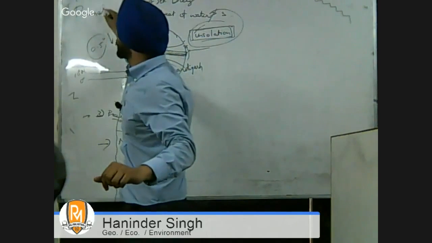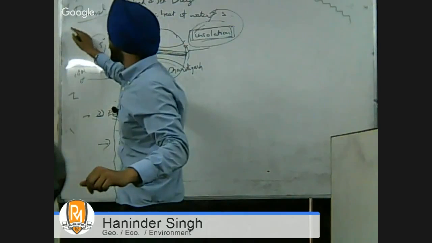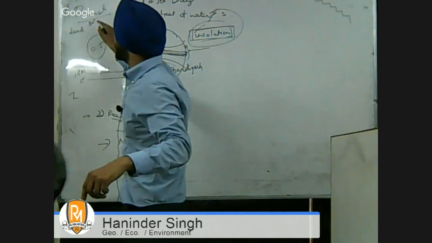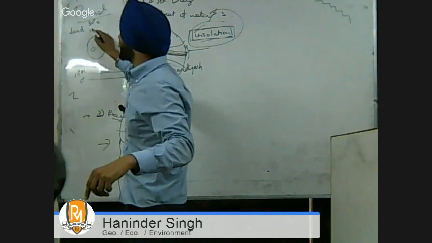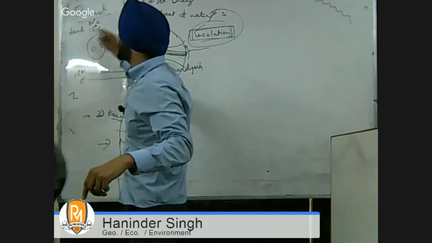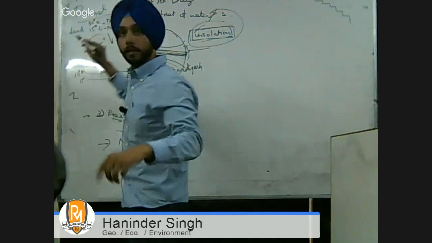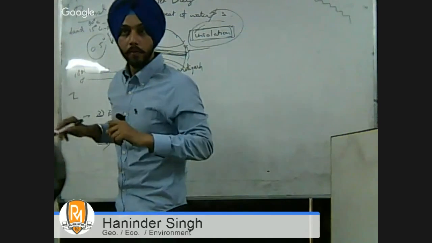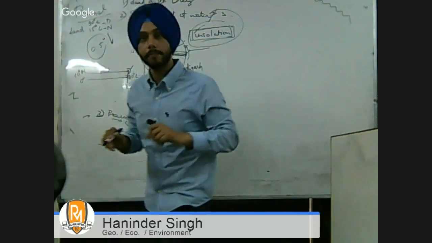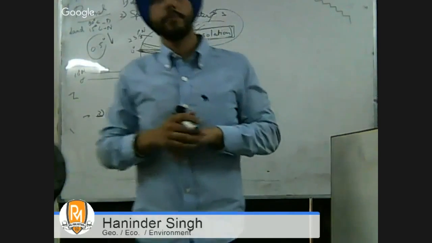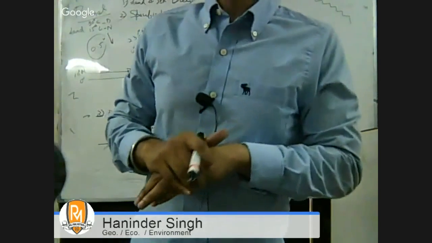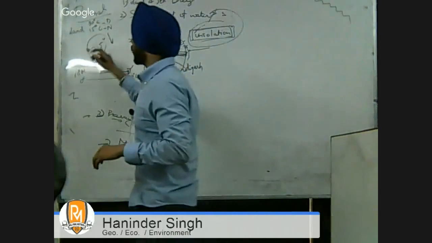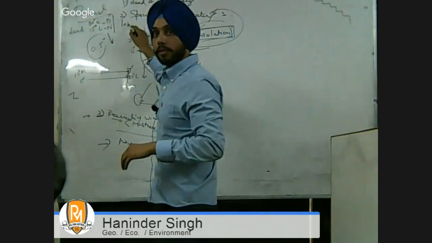So you are saying that this is land, and in the day the temperature is at 30 degrees centigrade, so it can reduce to 15 degrees centigrade at night. This is what you're saying? Okay, loss of heat, you are talking about loss of heat.